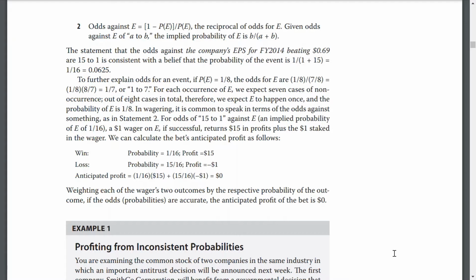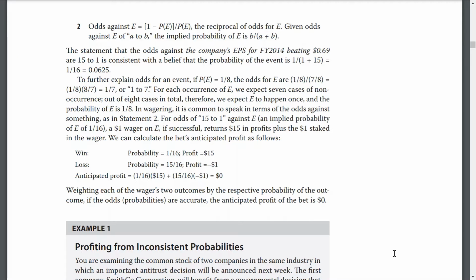In wagering, it is common to speak in terms of the odds against something, as in statement 2, for odds of 15 to 1 against E. An implied probability of E is 1 out of 16. A $1 wager on E, if successful, returns 15 in profit plus the 1 staked in the wager.